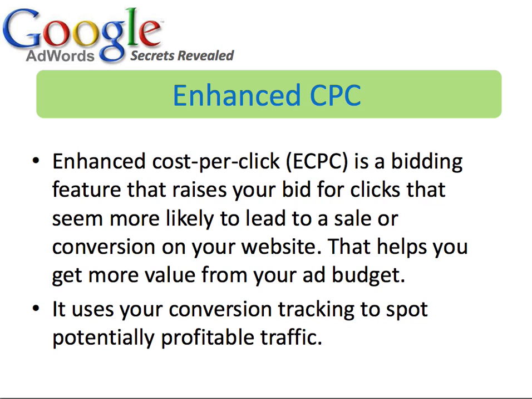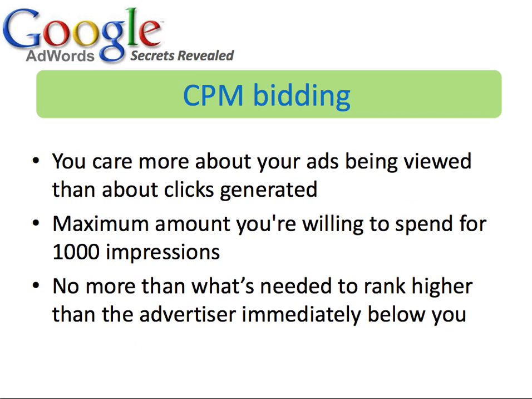This is quite interesting because it works similar to CPA bidding, but it applies to an automatic or manual bidding campaign. So you can tell Google to increase your bid when it thinks that you can get a sale. However, nothing is guaranteed, so Google cannot guarantee a conversion, but of course their algorithm will be helpful in this case. So make sure to have conversion tracking enabled, otherwise you cannot use enhanced CPC bidding.